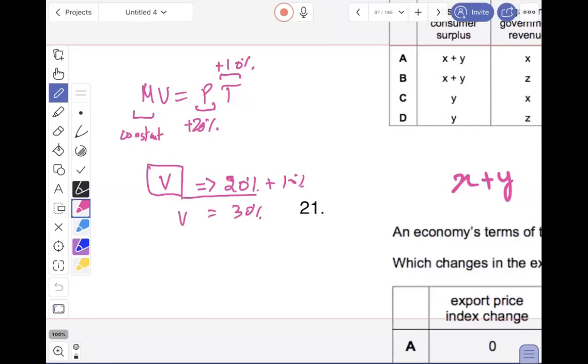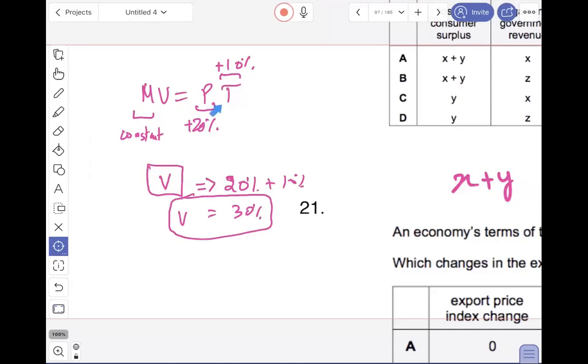Make sense? So there could be a question like this coming, but the only thing to understand here is that in this case, MV equals PT, P and T are not indexes. P and T are two variables. So when two variables are multiplied and I give you their percentage growth rates, you can add the percentage growth rates.